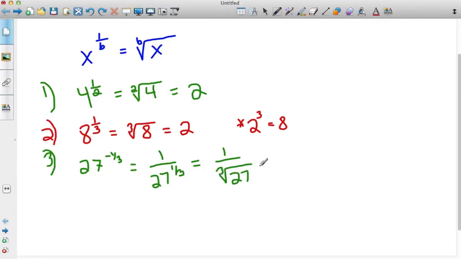In this case, it's the cubic root. And of course, we all know that what times what times what is 27 ends up being 3. Again, quick review: 3 to the 3rd equals 27, because 3 times 3 is 9, times 3 is 27.